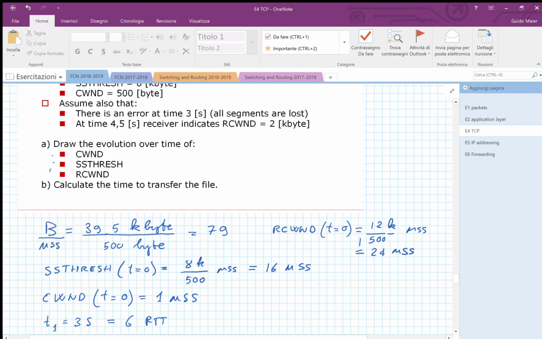And then we have also that time t2, which is the time at which we have a change in the receive window, is 4.5 seconds, which is equal to 6 plus 2, 8, no, 9 round trip times. Okay.